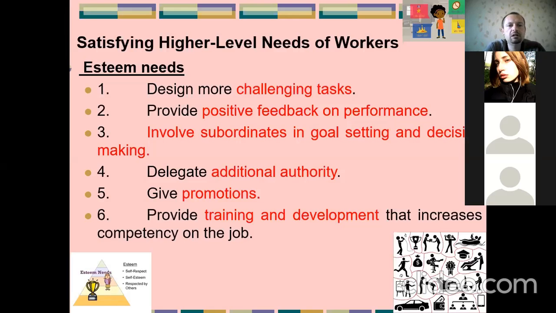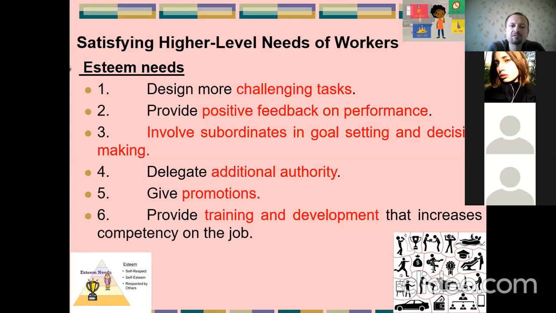The third, involving subordinates in goal setting and decision making. There are a lot of positive emotions connected with the process. Then you can delegate additional authority, additional possibility to use some resources of the organization.